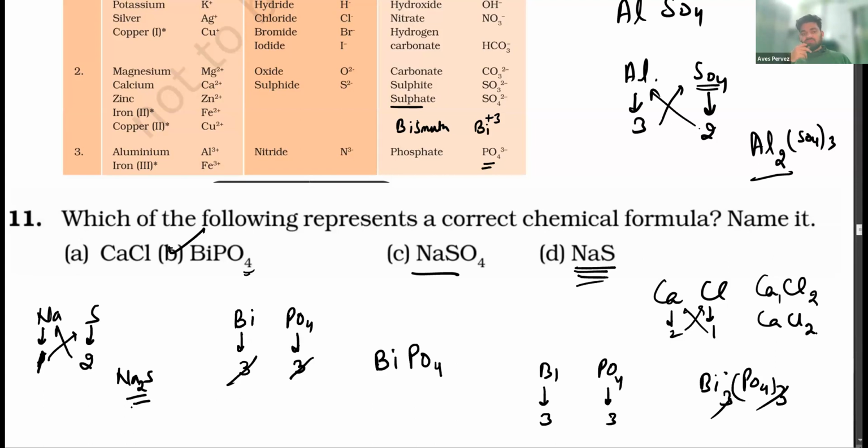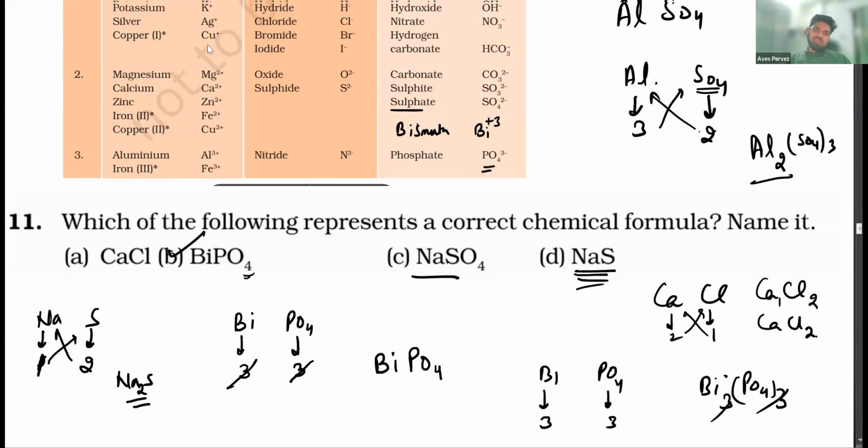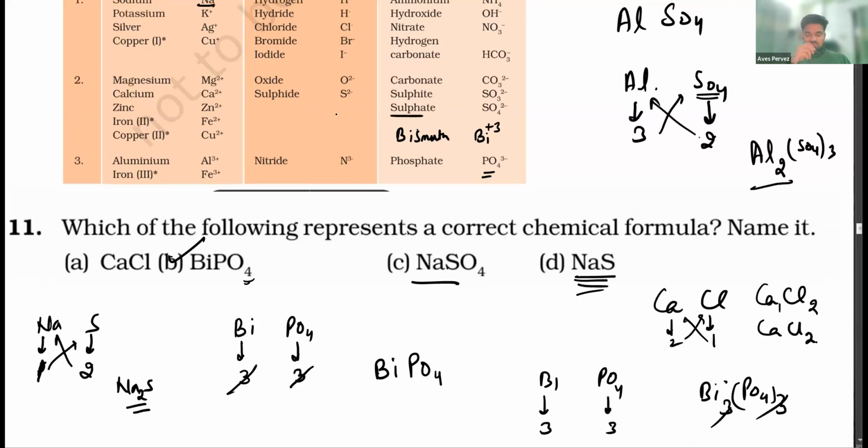Got it? Na is +1 and sulfide is S-2. So you understood? Yes, I understood.